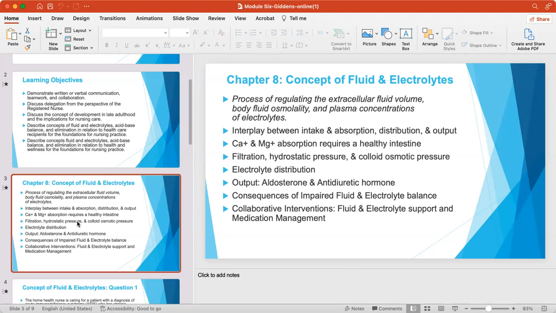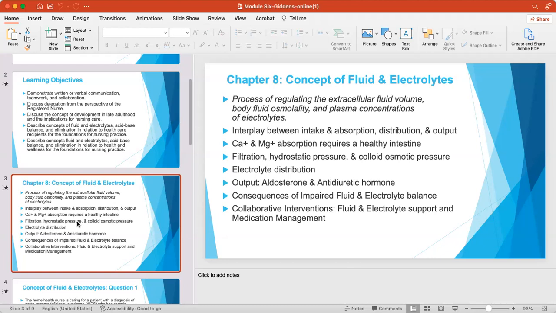In a healthcare setting, you may recall as practicing LPNs that physicians and your coworkers often omit the word ion when discussing the electrolyte, referring to potassium ions as potassium. So that's also important to note.